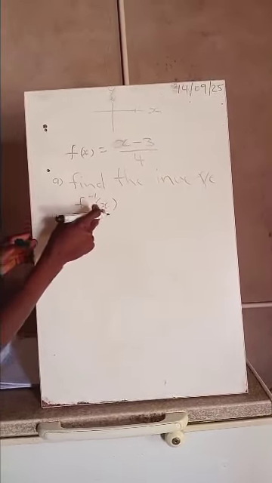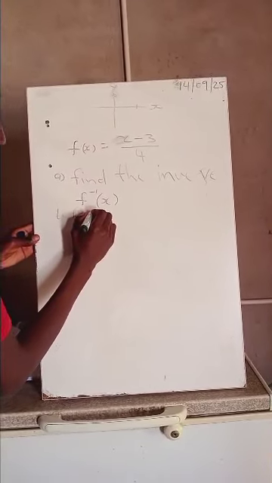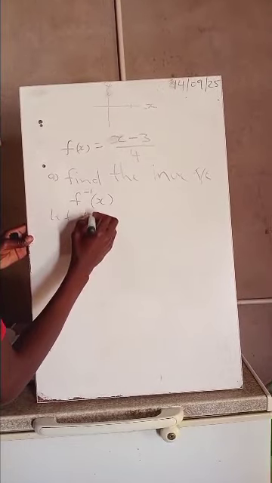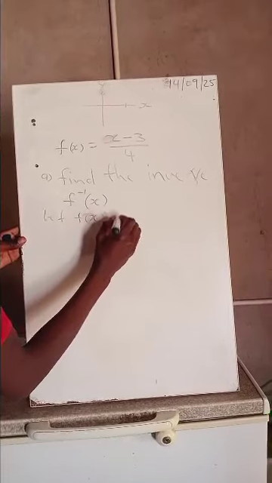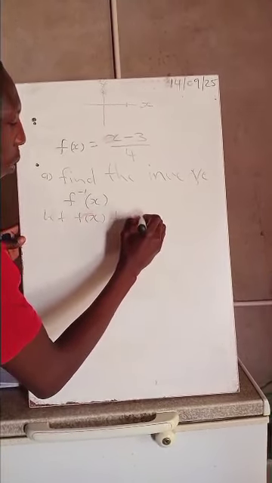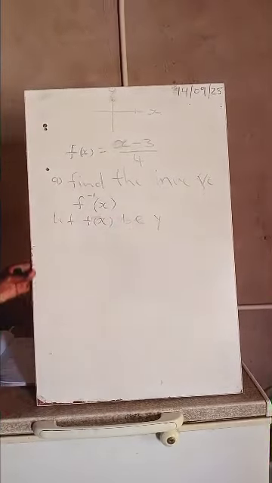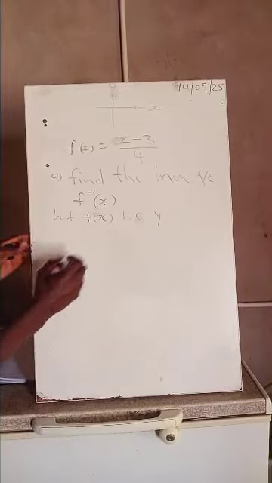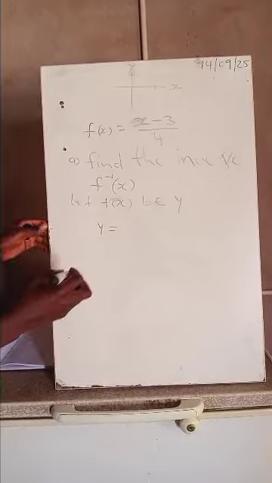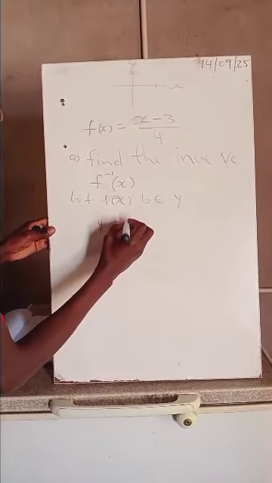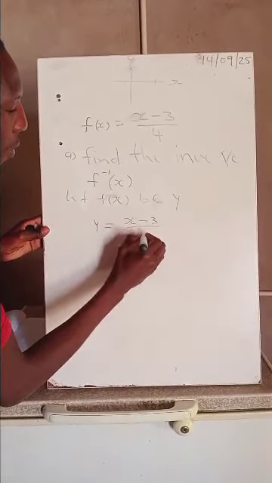The value of f of x that we are given is x minus 3 over 4. So therefore our y is equal to x minus 3 over 4.